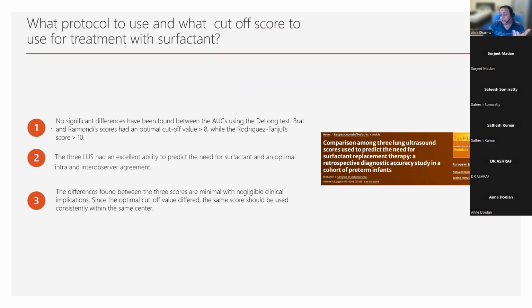They found that you could diagnose equally whether you used Bratt's or Raimondi's score with a cutoff value of more than 8 that we've already discussed, and that if you were using the posterior regions as in Rodriguez's score, a score of more than 10 had a very similar result in terms of which babies would need surfactant replacement. So the differences between the scores were minimal and had no clinical implications. Now, naturally, from our perspective, if that is the case, then why would you want to?